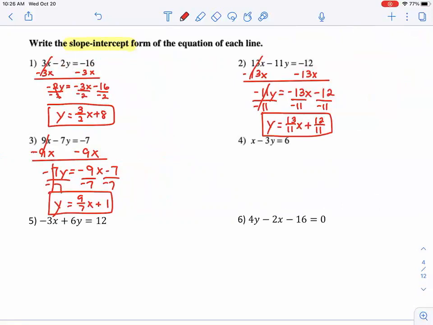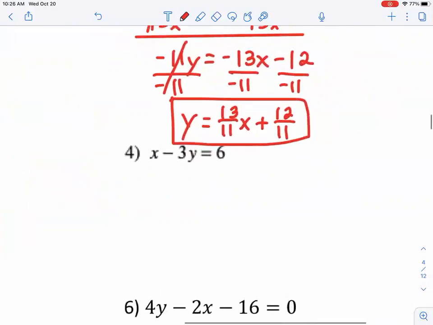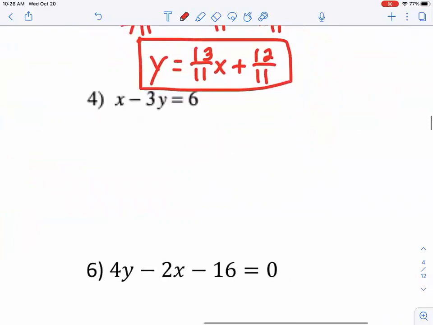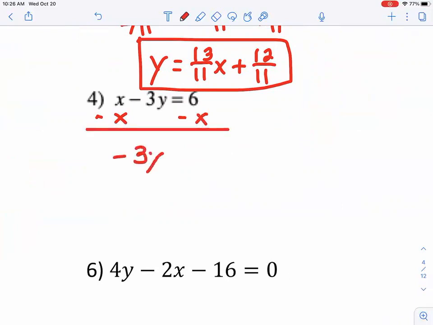All right, I'm going to do 2 more, and then I'm going to have you guys do one. So problem number 4, I'll subtract the x over first. So we have negative 3y equals negative x plus 6. And do not combine those. They're not like terms.